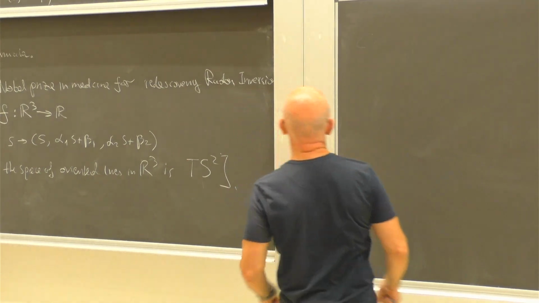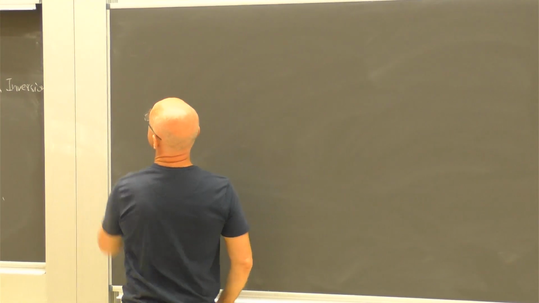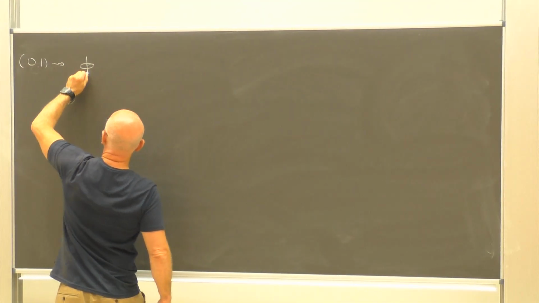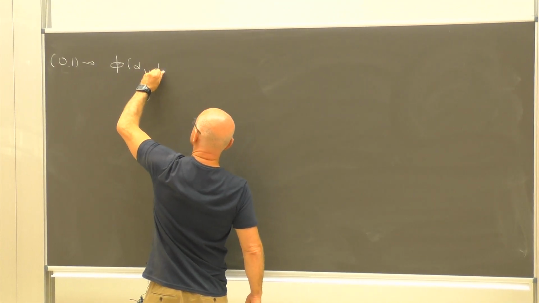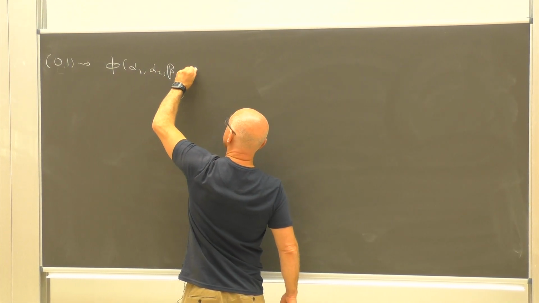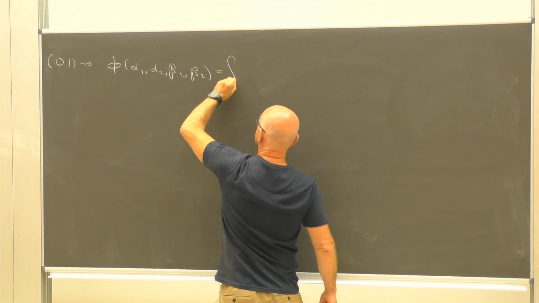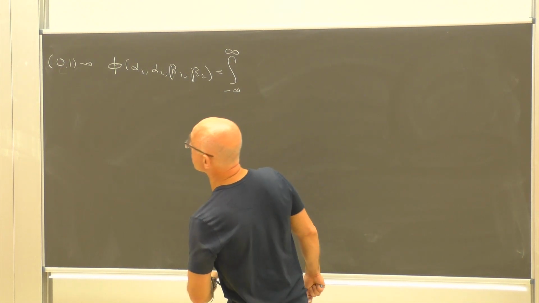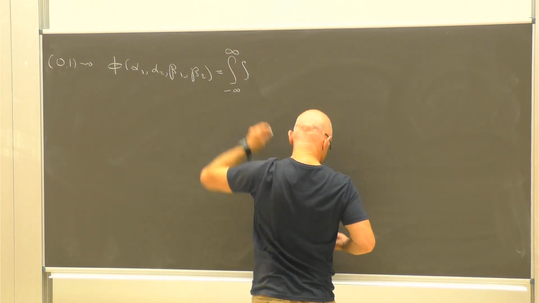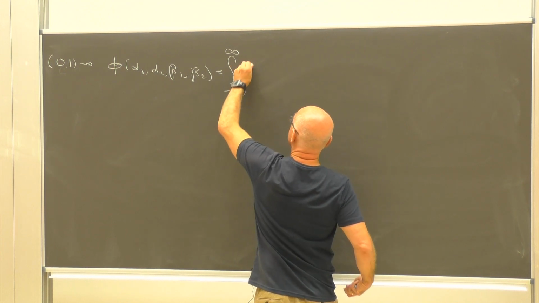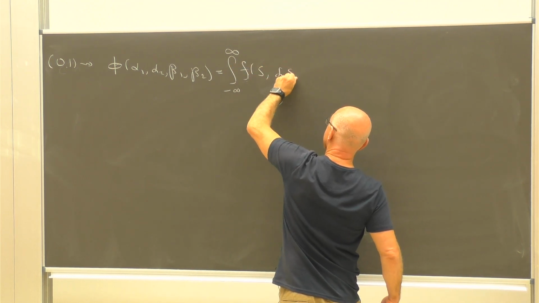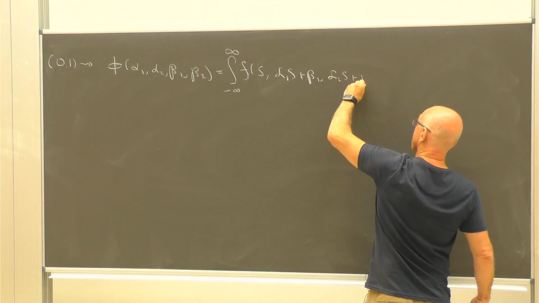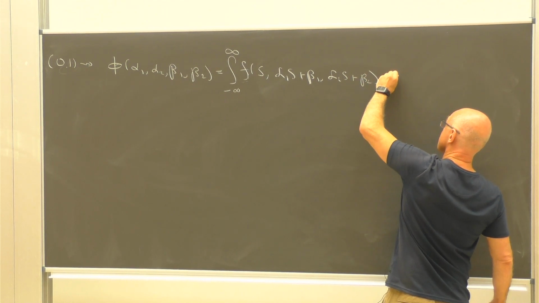We're doing our integral. So now formula 0.1 becomes phi, which depends on alpha 1, alpha 2, beta 1, beta 2. It's an integral from minus infinity to infinity of f of (s alpha 1 plus beta 1, s alpha 2 plus beta 2, s) ds.